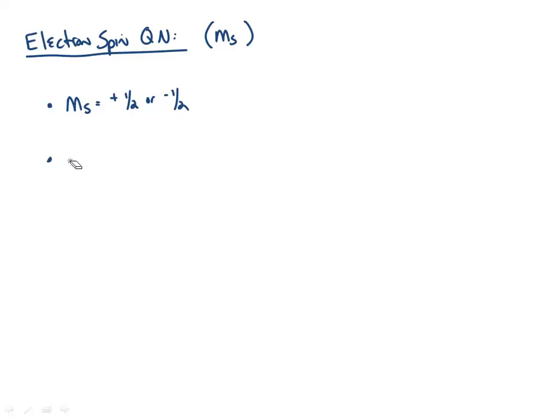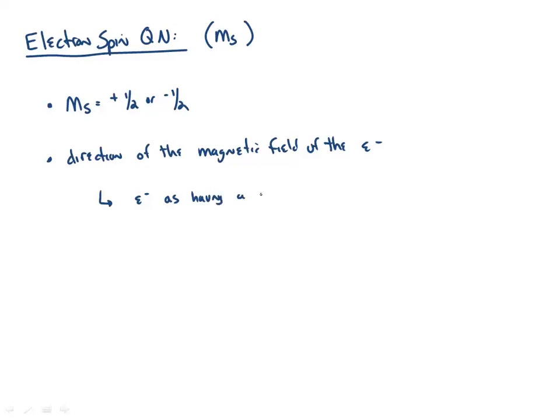Well, okay, I'm going to even simplify it further. It describes the direction of the magnetic field of the electron. And what it turns out is that there's 2 ways you can think about it. You can think about an electron as having a north-south pole. Or you can think about it as the electron either spins clockwise or counterclockwise.